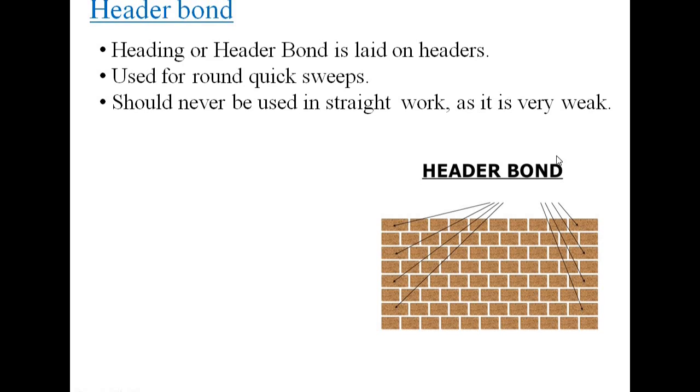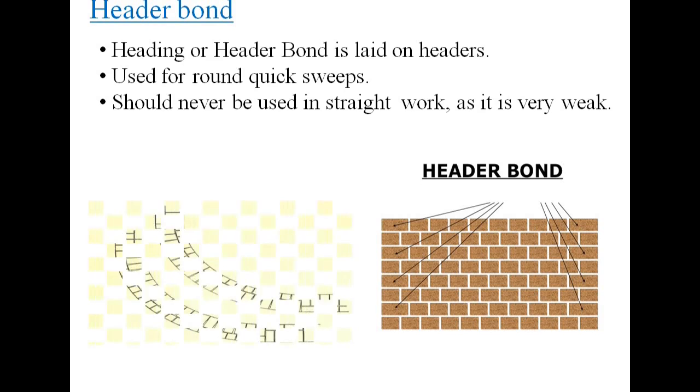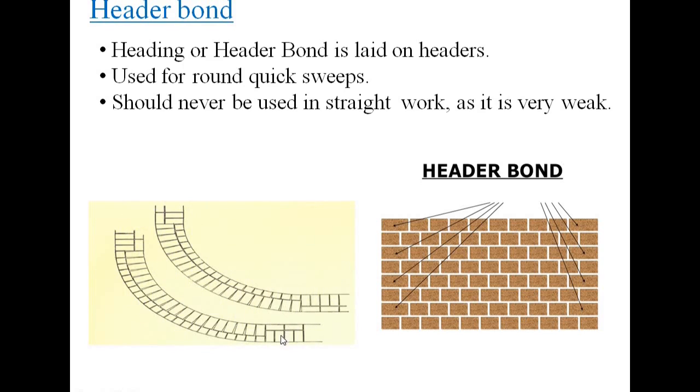When constructing a straight wall, header bond is not suitable, so we should avoid it. It is to be used in curved walls, where it gives good strength.